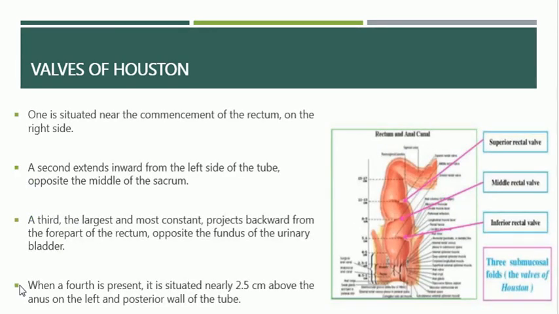Here you can see the valves of Houston: the superior rectal valve, the middle rectal valve, and the inferior rectal valve. You can see these 3 valves in this photograph.